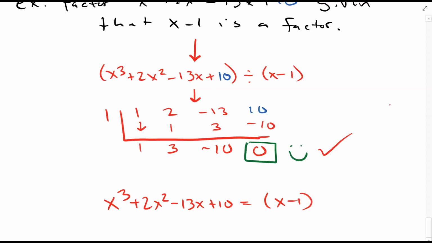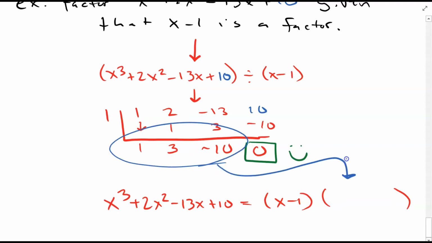So I double knew that that is a factor. What I'm more interested in, though, is what times x minus 1 is going to give me that polynomial back. Well, the quotient tells me. Everybody okay there?